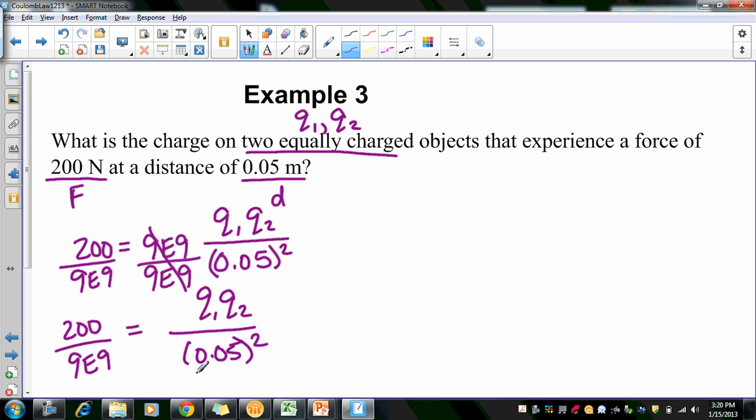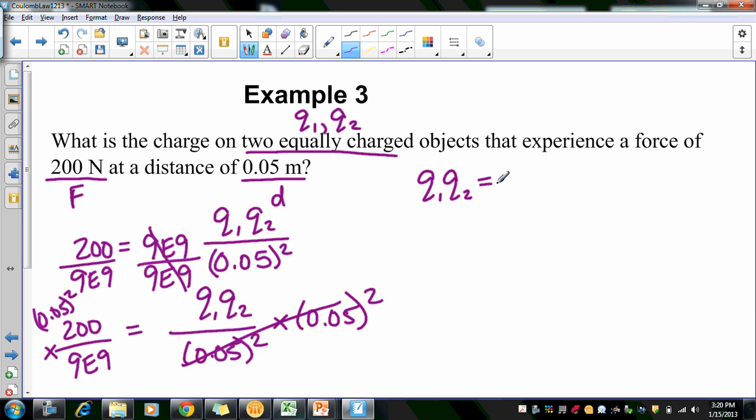And then we want to get rid of this 0.05 squared, so we're going to multiply by 0.05 squared on both sides. So here we go. Q1, Q2 equals 200 times 0.05 squared over 9E9.